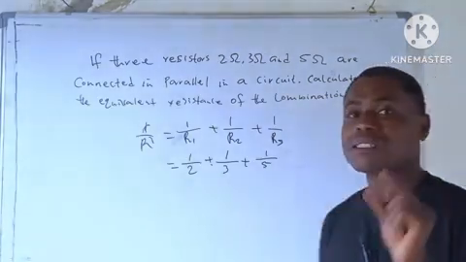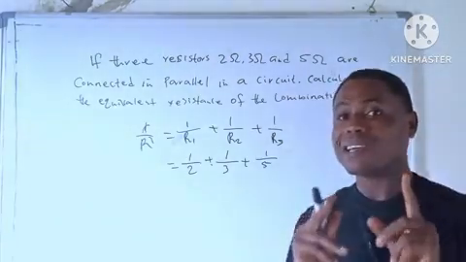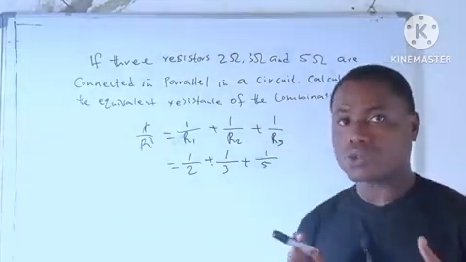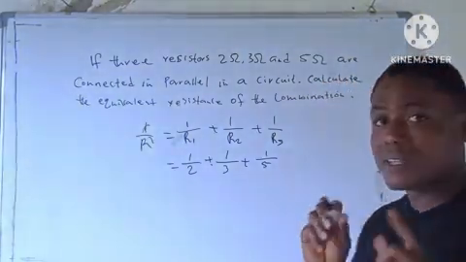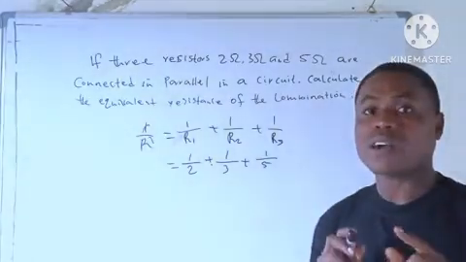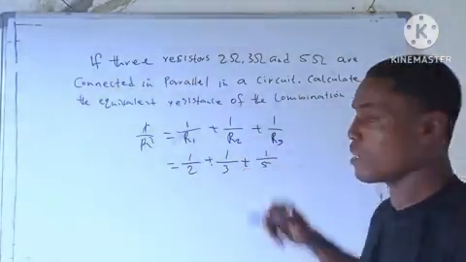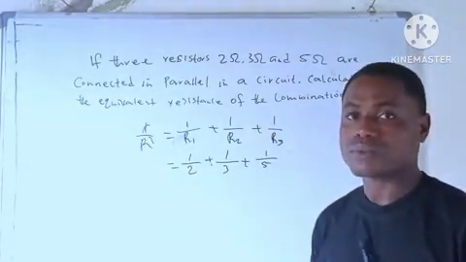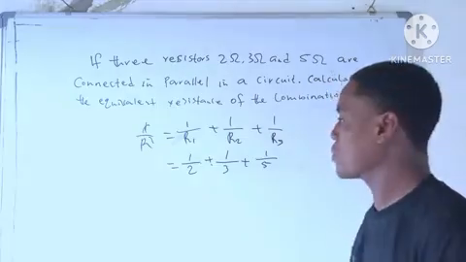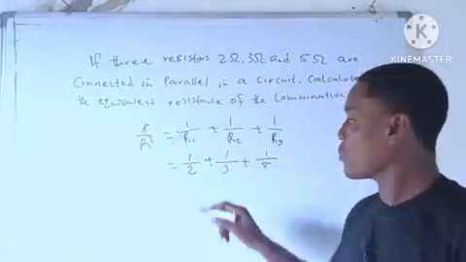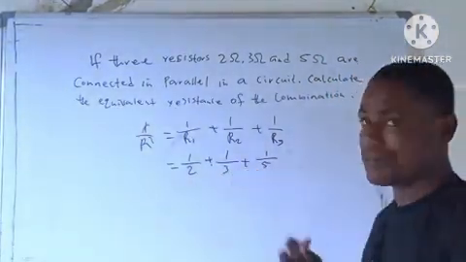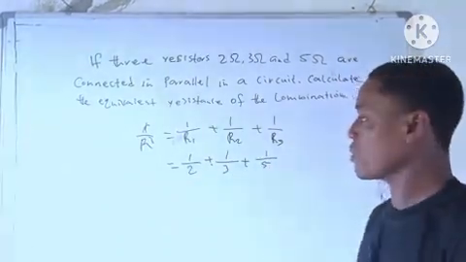The first thing you need to do is to find the LCM of the denominators. Are you getting it? The LCM of the denominators. And what are the denominators? We have 2, 3, and 5. These are the three denominators we have, right?